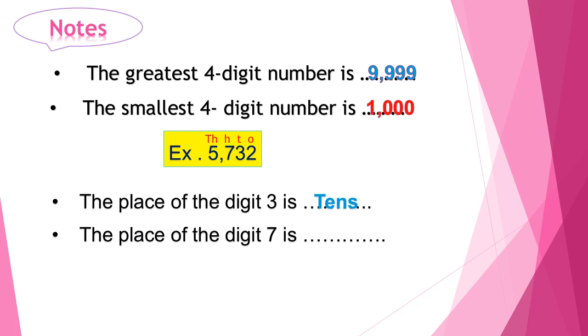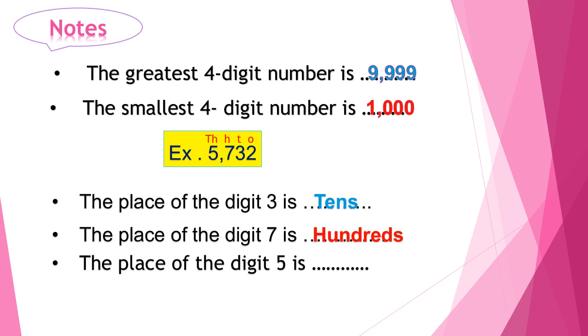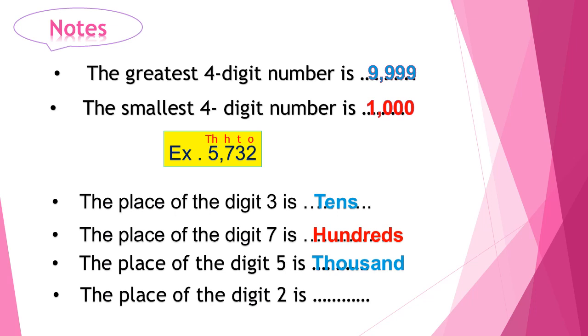So we write hundred. The place of digit 5. Look at 5. In which place can we find 5? In thousand. And the last one, the place of digit 2, it's in ones. Yes, it's in ones.